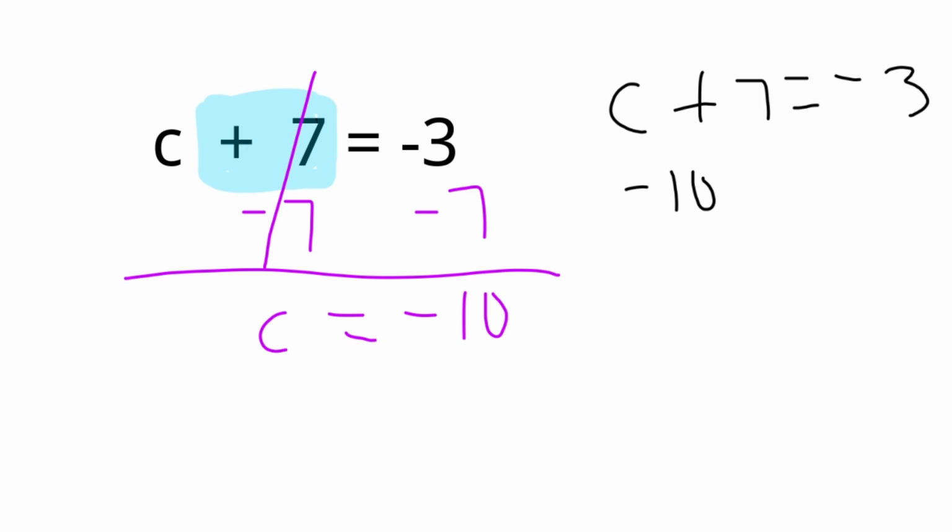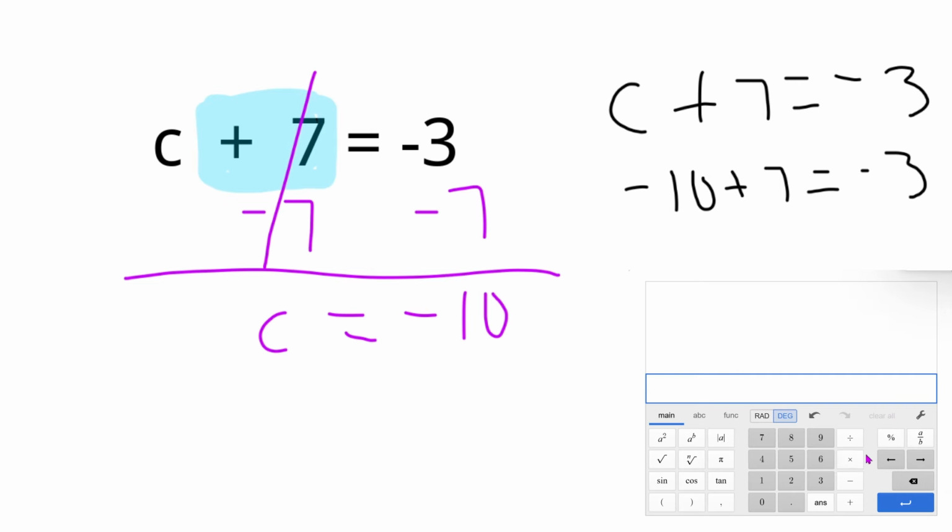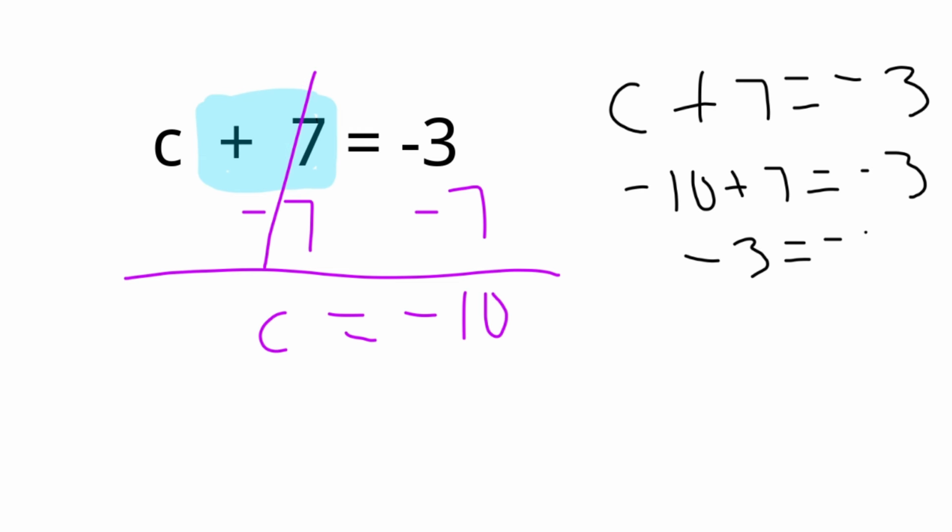So negative 10 plus 7 equals negative 3. Step 3 is to confirm that negative 10 plus 7 is, in fact, negative 3. Plug that into your calculator just to confirm. You will have negative 3 equals negative 3.